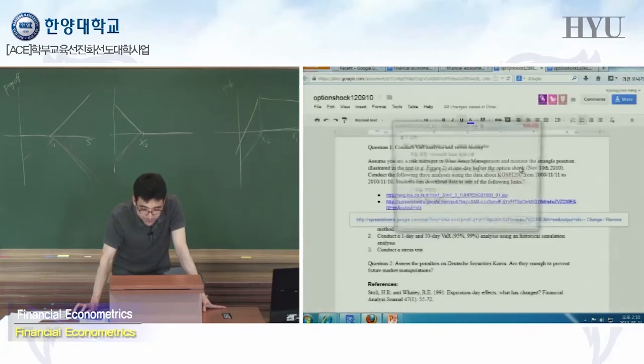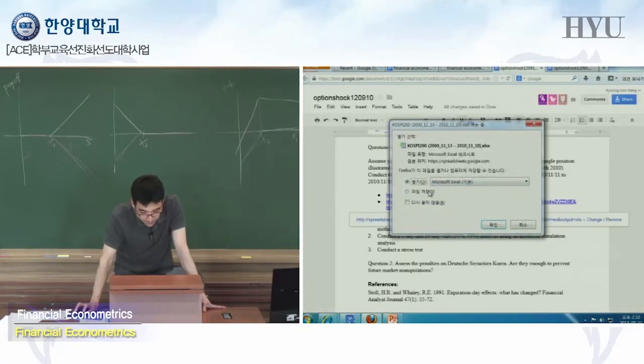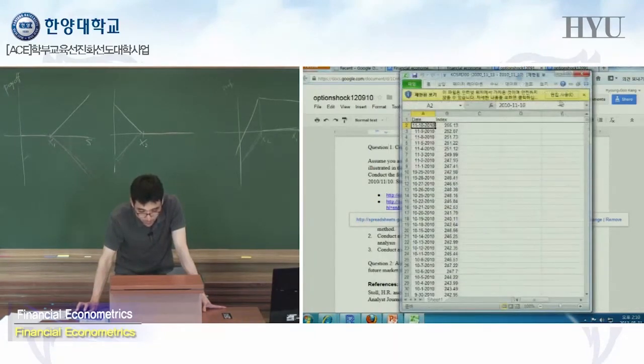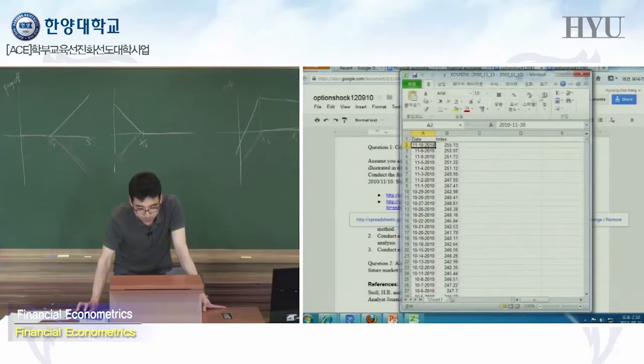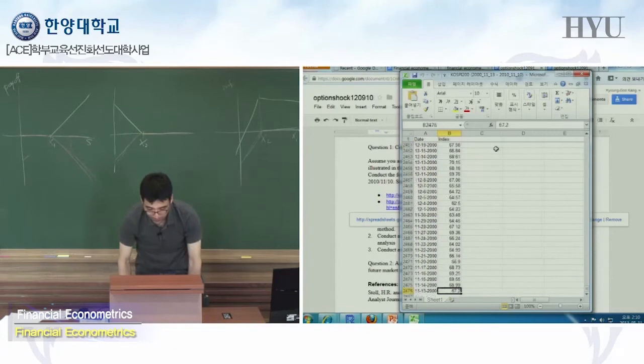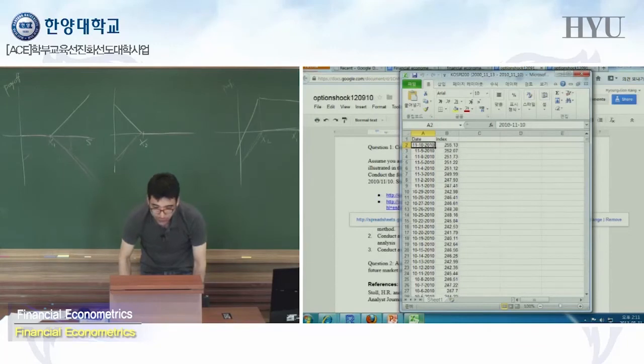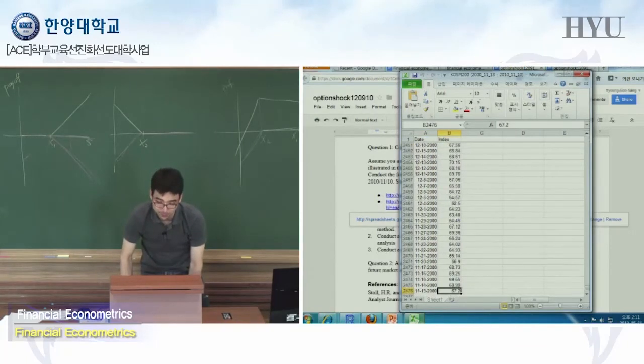This is the KOSPI 200 data, 10-year daily data, and it is the KOSPI 200 index.